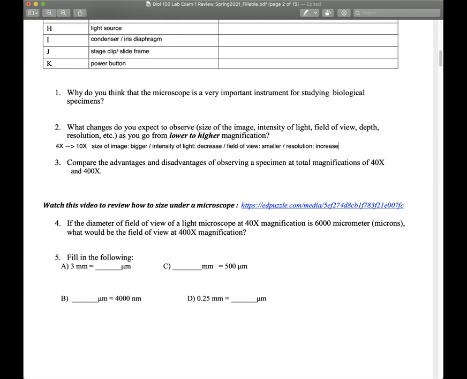As long as the focus is there, you might need to adjust the fine focus a little bit, but the resolution should increase. And depth, I'm not sure what it means by depth. I guess it means how far the objective lenses are going.